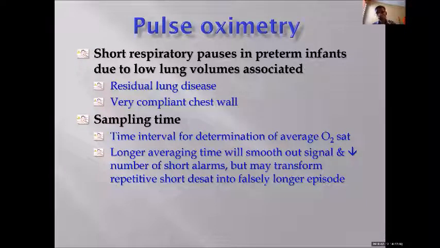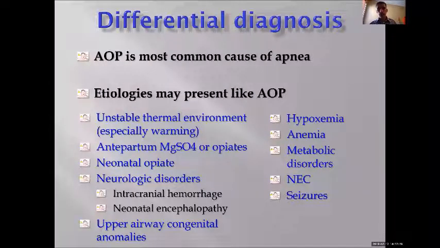Like you might get 1 minute of desaturation, and whether that has later consequences or not. But the longer the sampling time, the less you will get false alarms, and also alarms about short pauses and desaturation. What is the differential diagnosis?